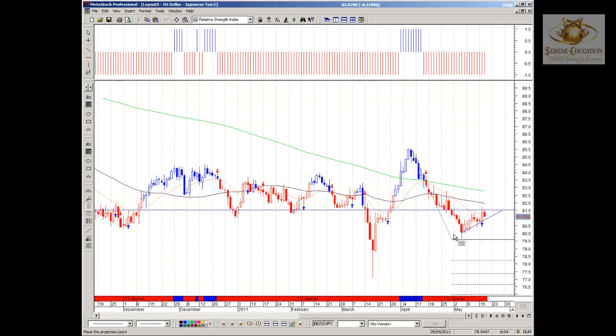Now we would like to see if, for argument's sake, 81.50 is a resistance level. As we can see, this is price support. If this is a resistance level, because we're trading below the support now, if price fails at 81.50, this could be a consolidation resistance, and if so, could we see a possible extension to the downside now?